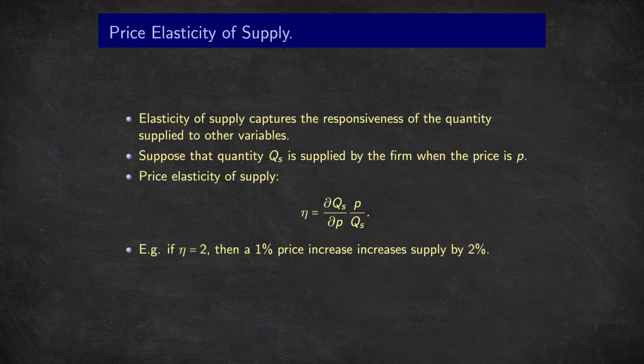For instance, we could talk about the price elasticity of supply, which we denote by the Greek letter eta, which would be the partial derivative of a supply function with respect to price, multiplied by the price divided by quantity supplied ratio. We would expect this to be a positive number, and to interpret it, if eta was equal to 2, for instance, then we might expect a 1% increase in the good's price to stimulate a 2% increase in the good's supply.